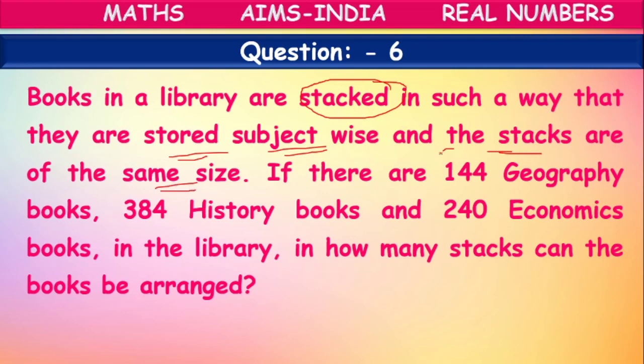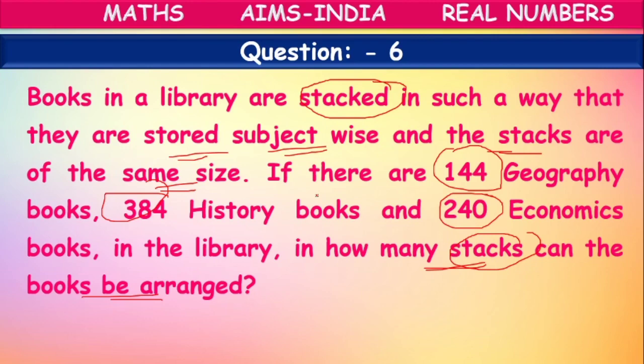If there are 144 geography books, 384 history books, 240 economics books in the library, in how many stacks can the books be arranged? Means we have to find in how many groups they are arranged, but they are stacked subject wise, and each stack size is same. Number of stacks may be different.